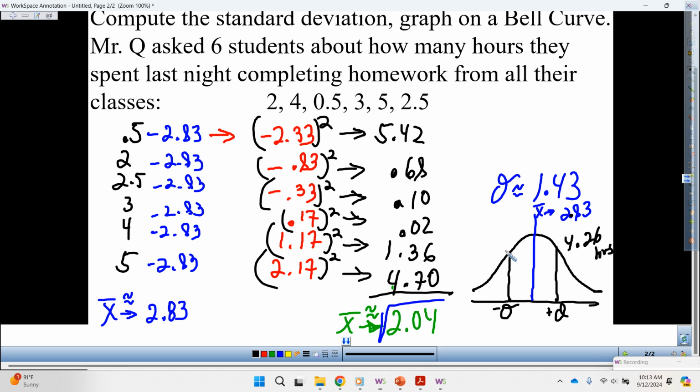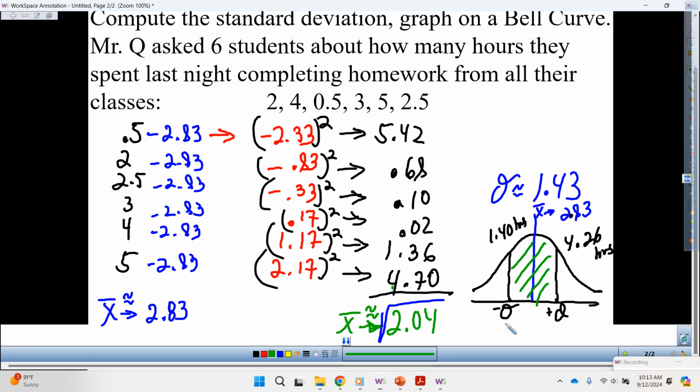Looks about right. How about on the negative side? 1.40 hours. So that's going to be our norm.